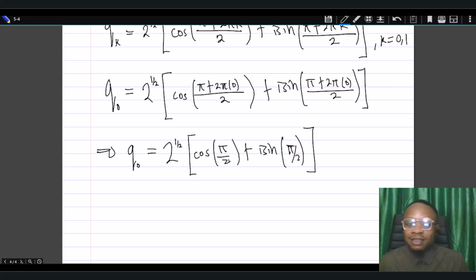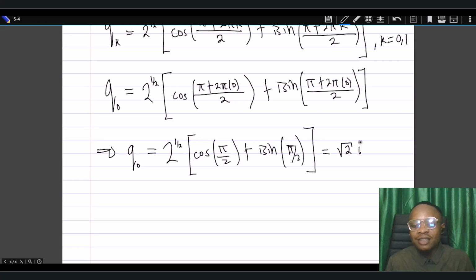Cosine of 90 degrees is 0, you can verify that with your calculator, and sine of 90 degrees is 1. So our result will be 2 to the power of 1 over 2, which is root 2, multiplying i, because the cosine portion is 0 and sine of pi over 2 is 1. So at the end of the day, you will be getting this to be root 2 i.